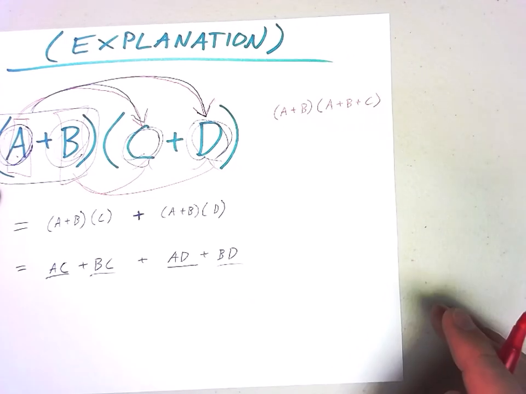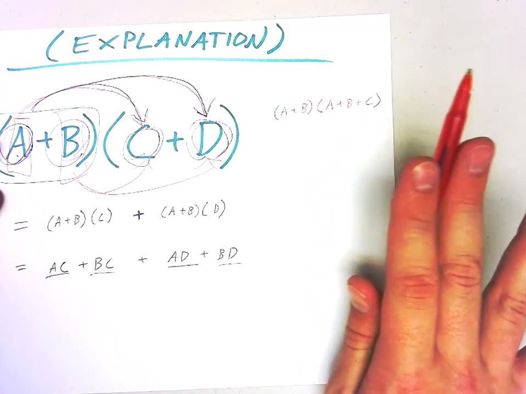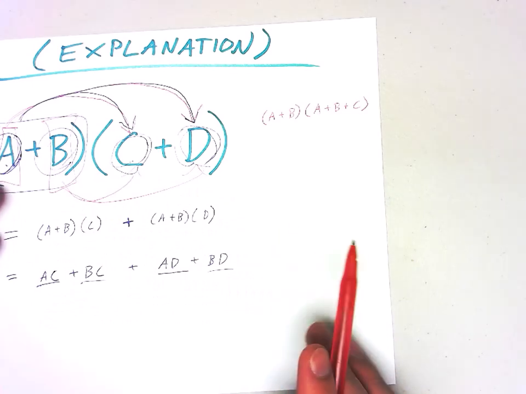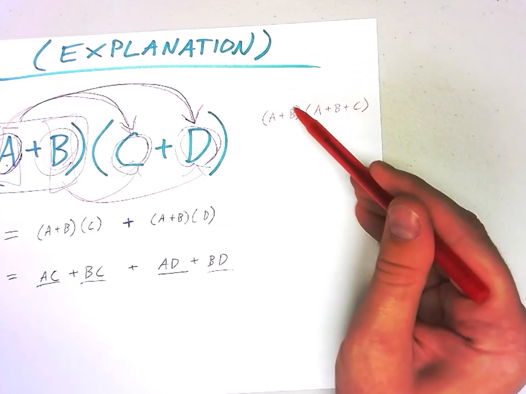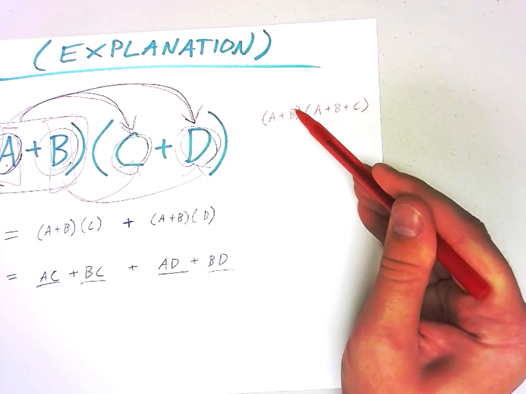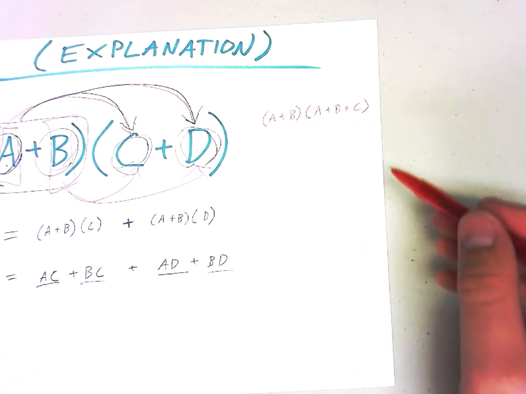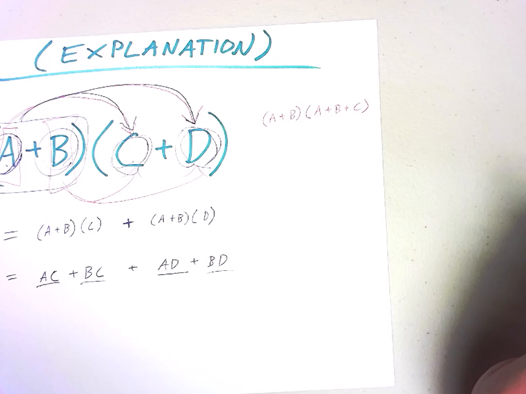Okay, if you want, pause the video and do this on your own the way we did before with the distributive property. Those times A, those times B, those times C, and then distributive property for each of those steps.